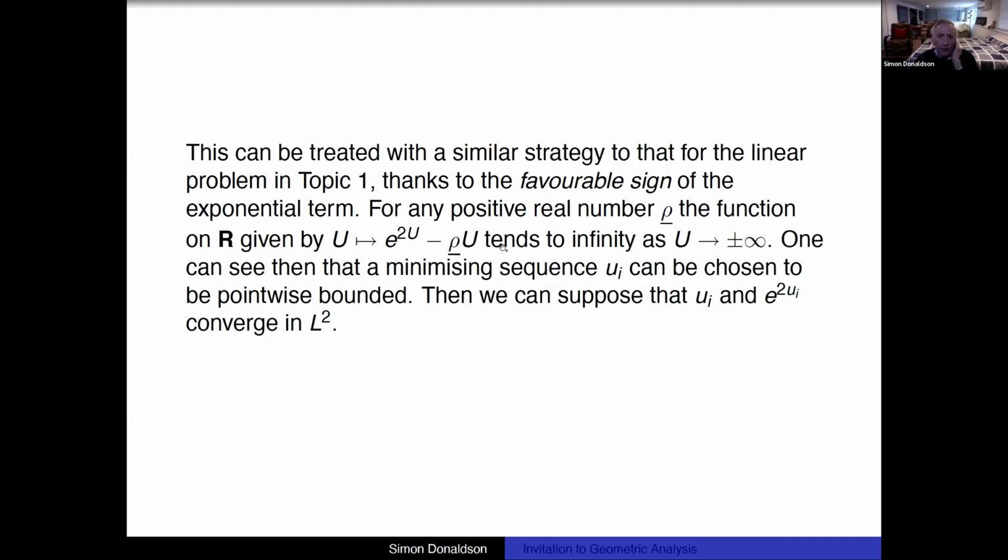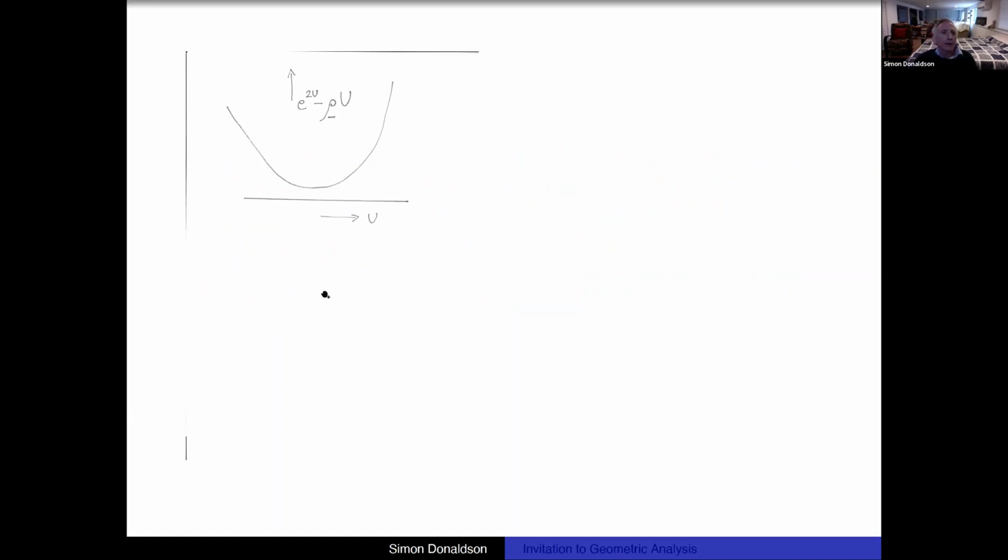The crucial thing is that this tends to infinity as u tends to either plus or minus infinity. Go to the next slide. The function will look like this. When u is large and positive, it's this exponential term, and it grows very rapidly. When u is large negative, then it grows essentially linearly because of this term here.